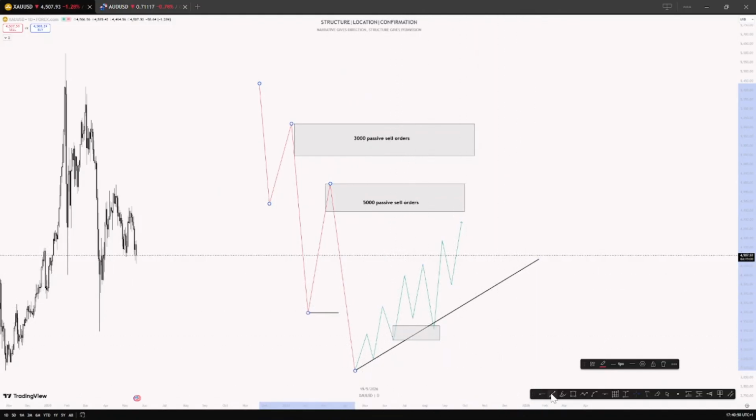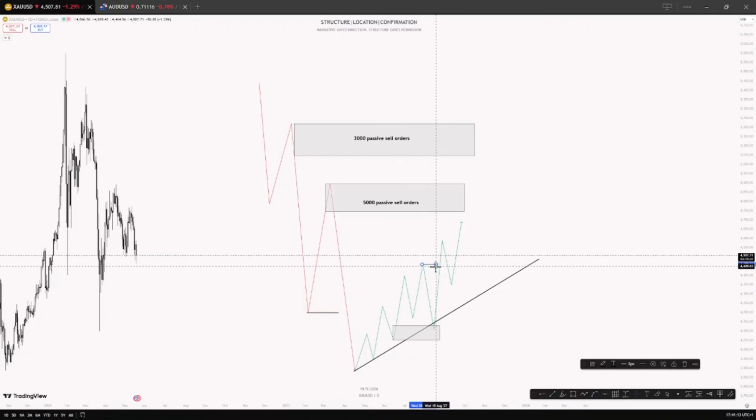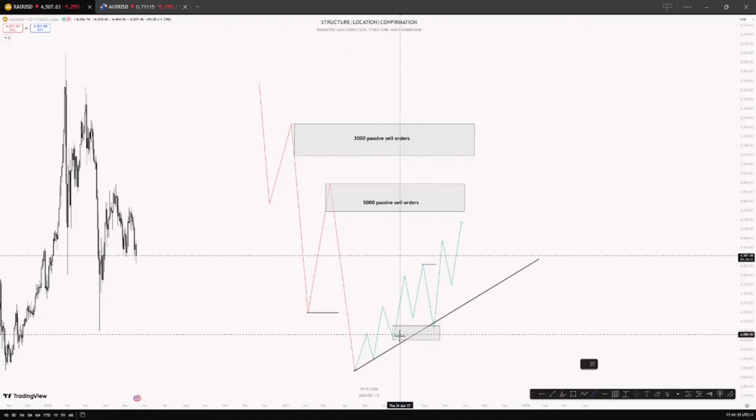Now, money transfer happens when we take liquidity from an area or we mitigate a key level and create a move. Now, we need to have a break of structure of that move. If we have a break of structure here and this mitigation happens, this break of structure is created by this mitigation. You will see my chart sometimes I do like this.